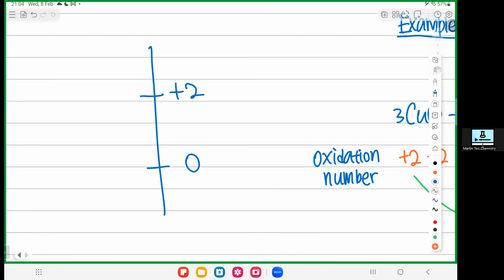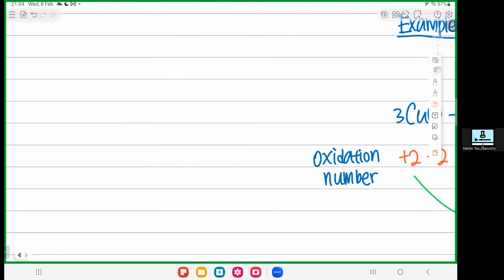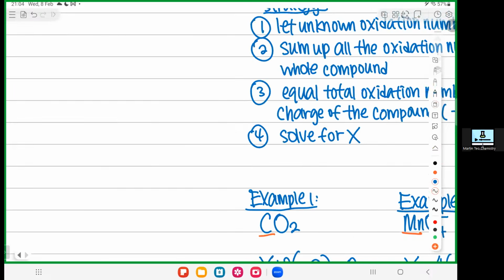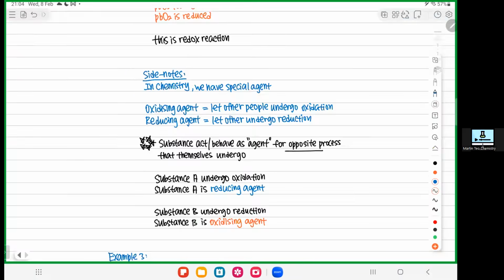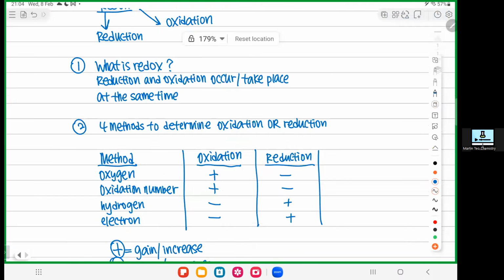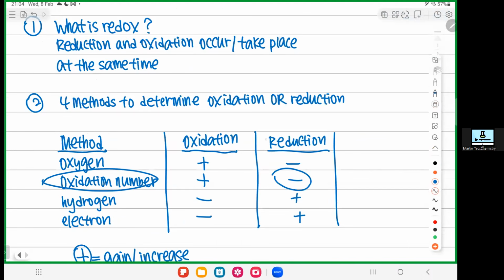This is 0. So the oxidation number decreases. So according to the table we have, when oxidation number decreases, it is a reduction process. Okay, that's it. All right.